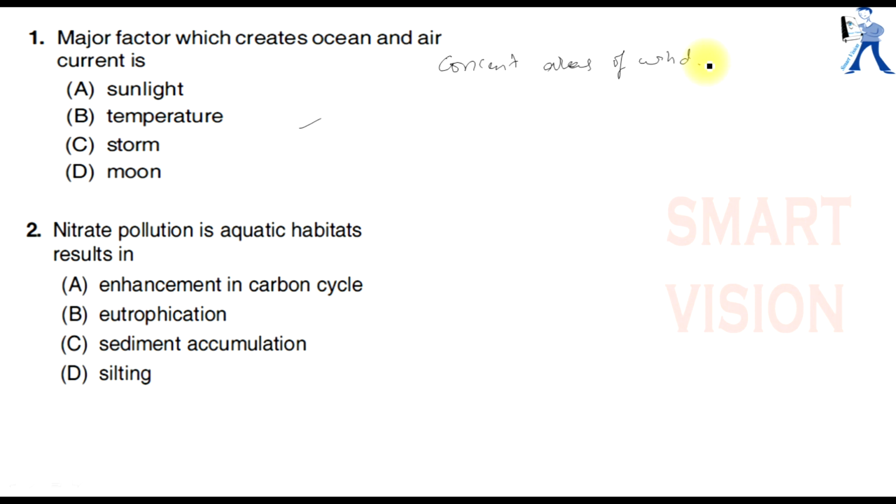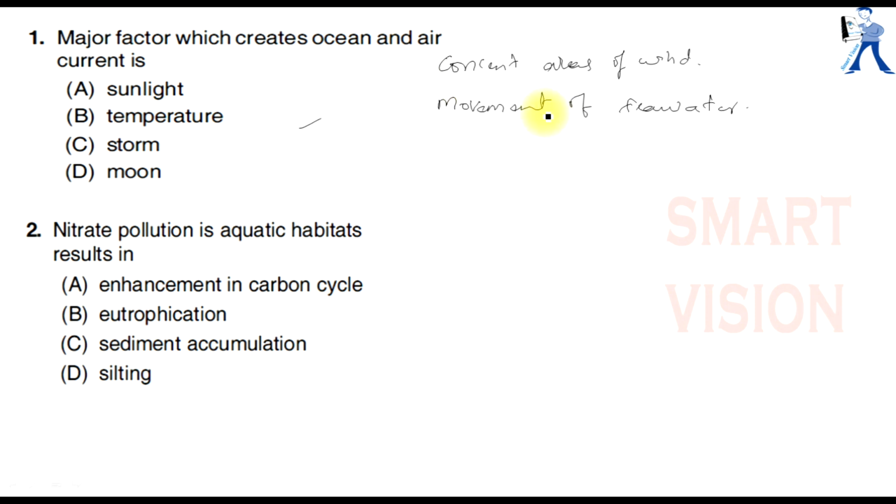And ocean current means the movement of sea water. Where does it occur? Mainly in the troposphere.